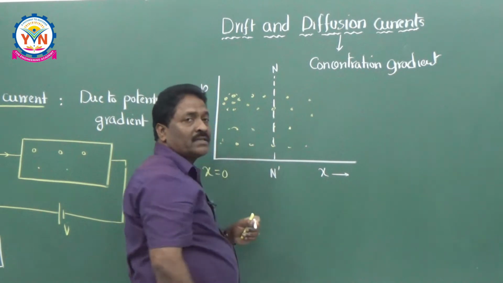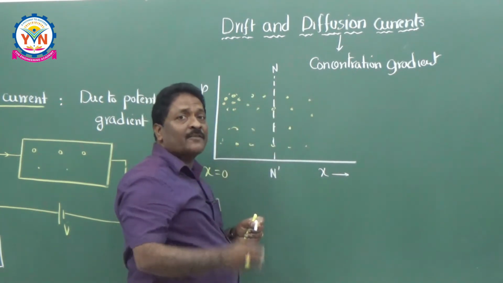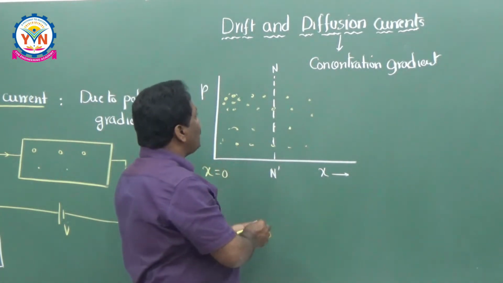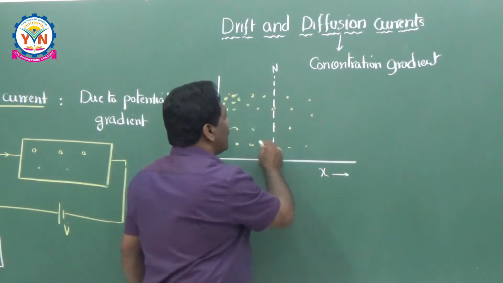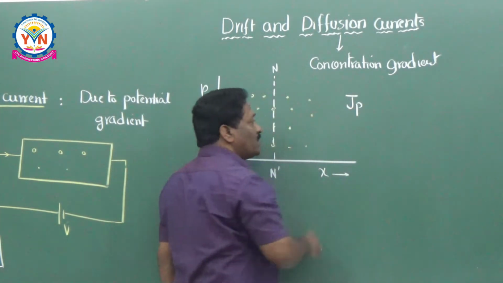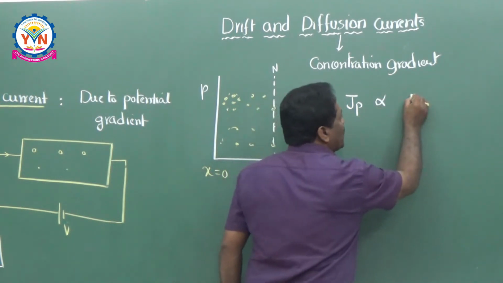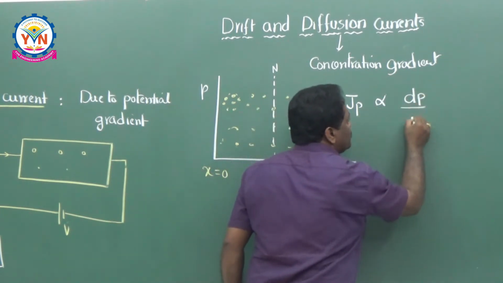to the lower concentration. Here, as it is a statistical phenomenon, the experimental fact is telling that whatever current is existing here, that is nothing but current due to holes, Jp. Current density due to holes is directly proportional to dP by dx.